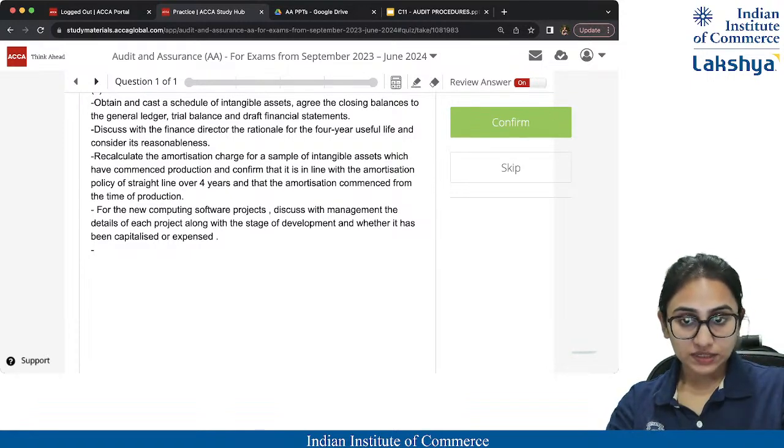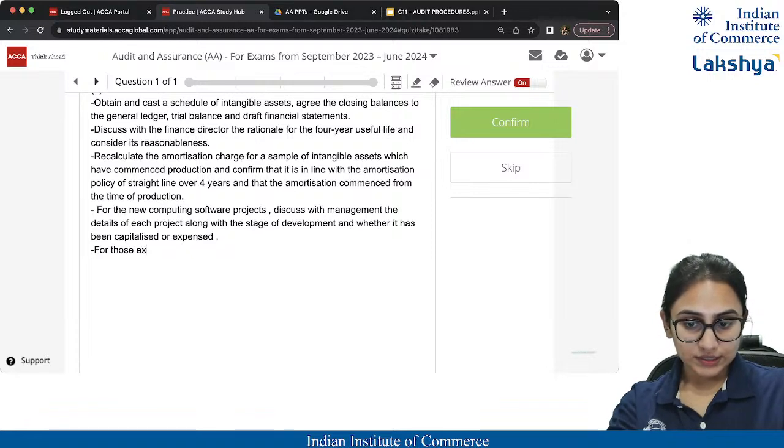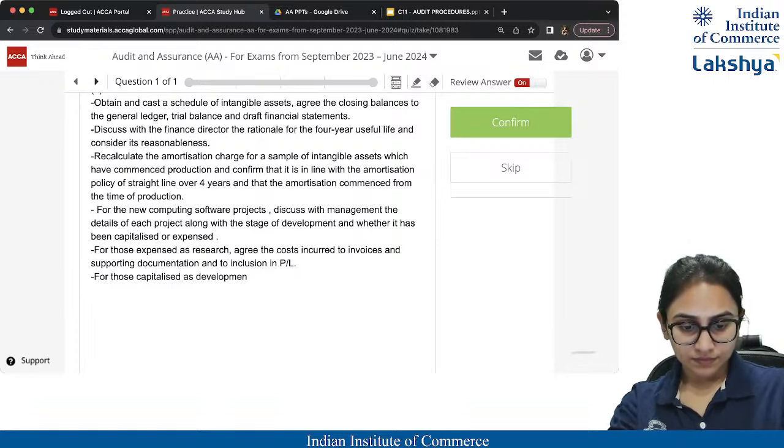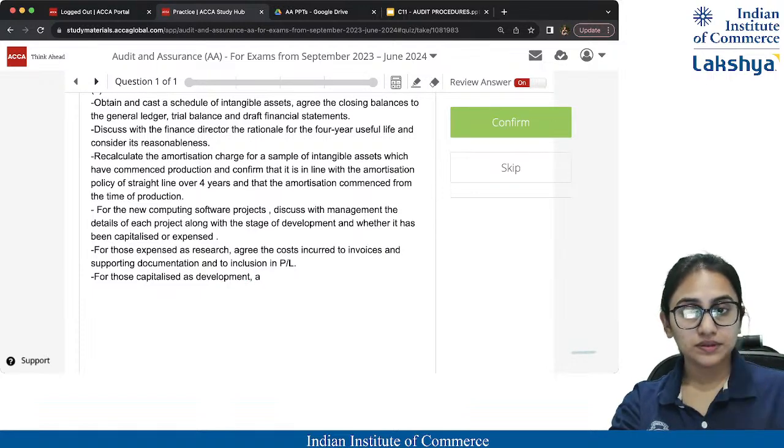So first of all, for those expensed as research, agree the cost incurred to invoices and supporting documentation and to inclusion in P&L, and for those capitalized as development, agree cost incurred to invoices.